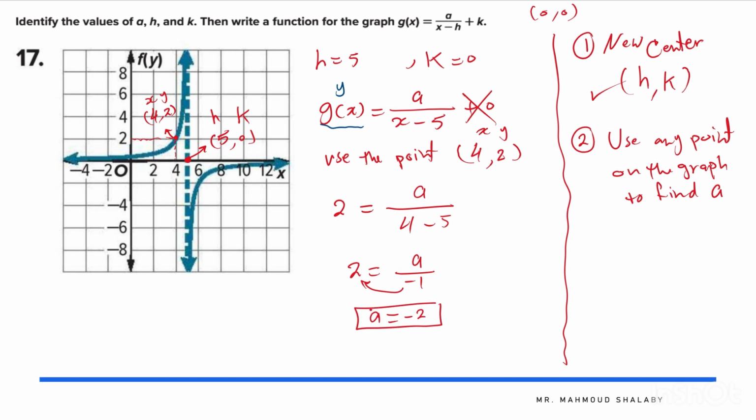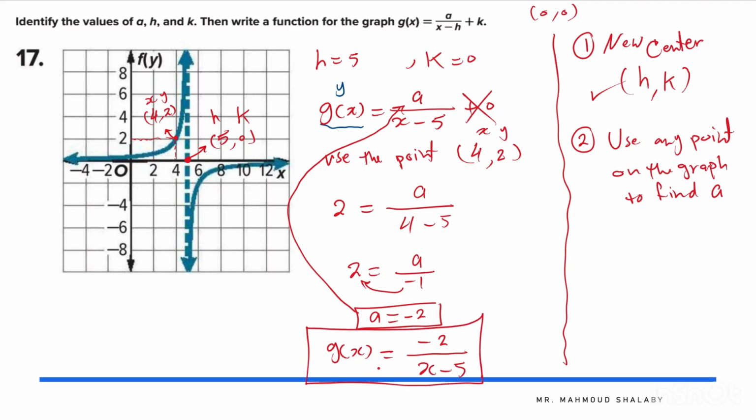Okay, now as long as I have the value of a, I will put it back all the way here. So it will be g of x equals, now I know the value of a, which is -2, over x minus 5, and that's it. This is the function for the given graph here.